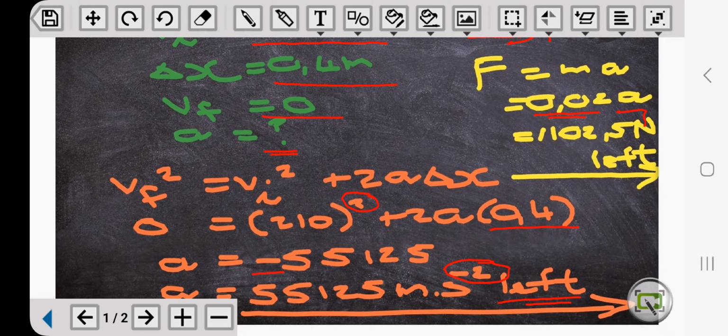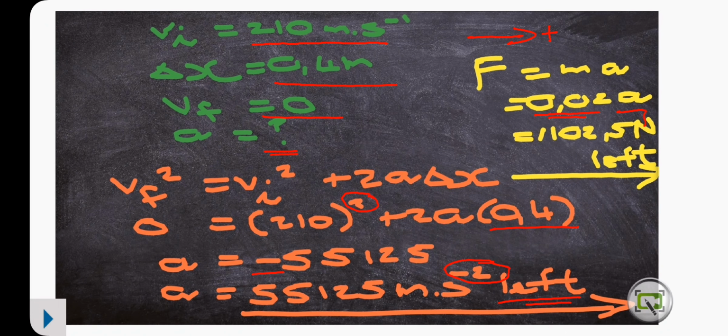But just remember, the same force that the block exerts on the bullet will be the same force that the bullet exerts on the block. And therefore the answer of calculating the average net force that the block exerts on the bullet will also be 1102.5 newtons to the left.